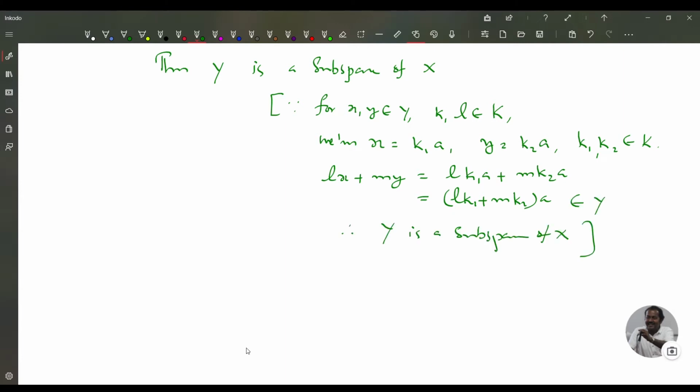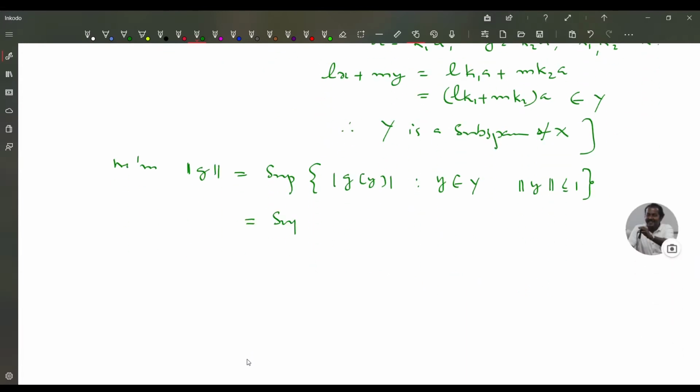And we have norm g is equal to the supremum of modulus of g of y such that y belongs to Y and norm y is less than or equal to 1. So this is the supremum of modulus of g of k a such that k belongs to K, a belongs to X and norm of k a less than or equal to 1.